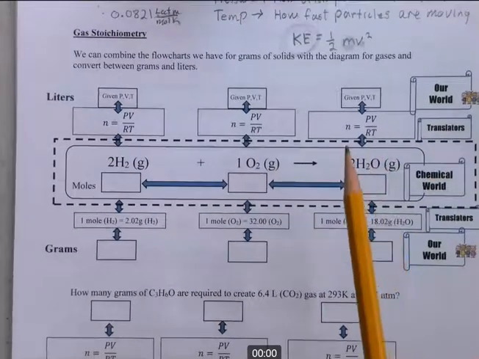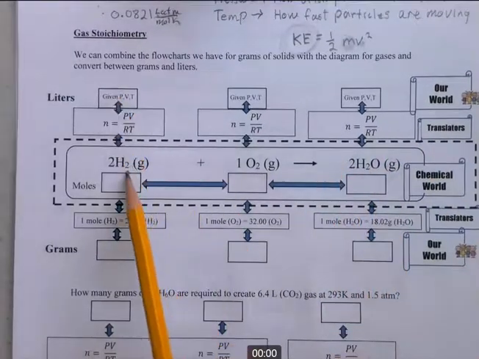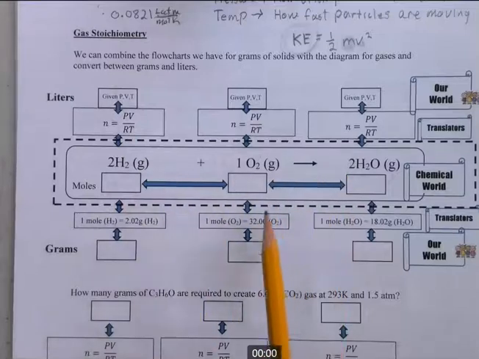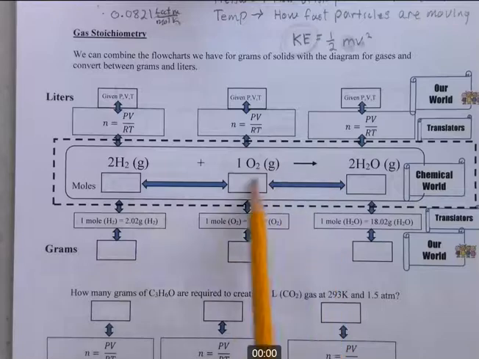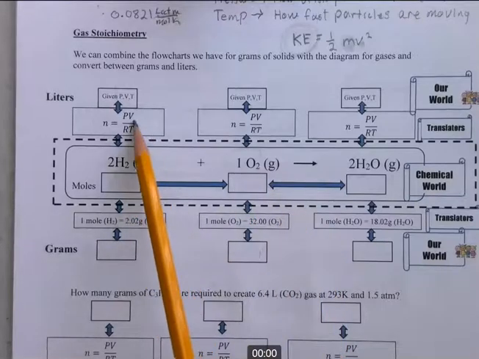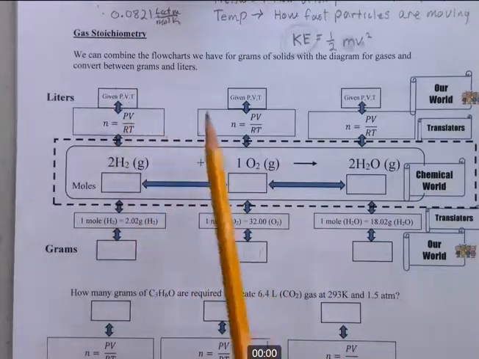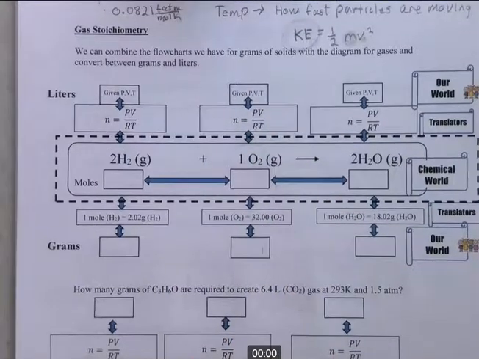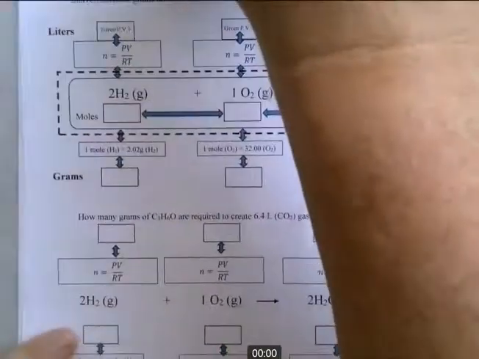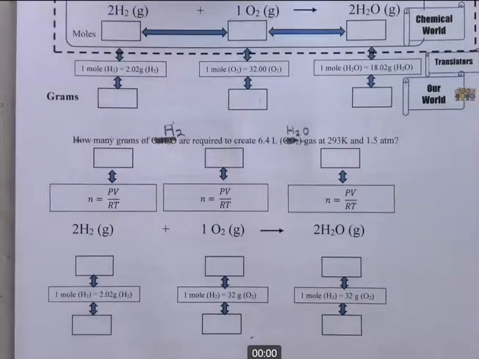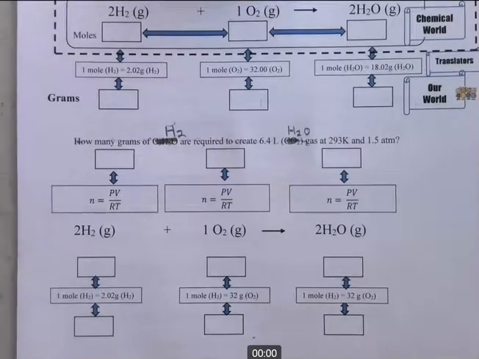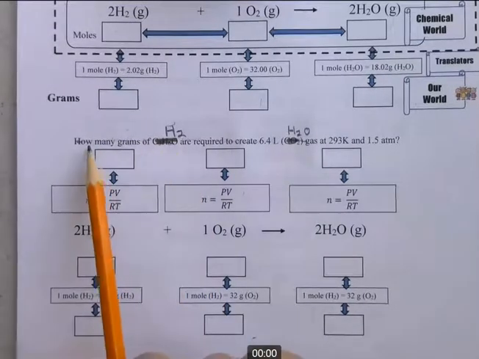So you can either come in through this side and go across the equation and come out the other side with a number of grams, or you can come in with a number of grams. And as long as it's a gas, you can come out on the top and figure out how many moles you have or what pressure or what have you. Okay, so let's just do one problem on this. Let's take that equation above and work with this. I had to make a couple changes for my old problem.